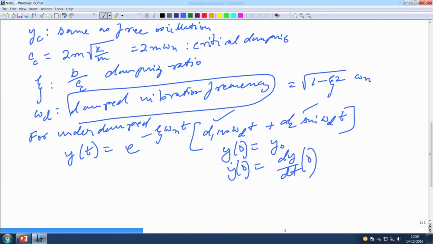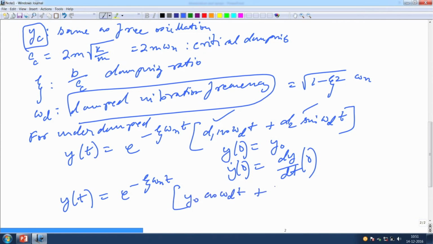Based on that the equation becomes, and this is the complementary equation that we are trying to find out: e to the power of minus omega n t into y naught cos omega d t plus dy by dt at 0 plus omega n y naught by omega d.